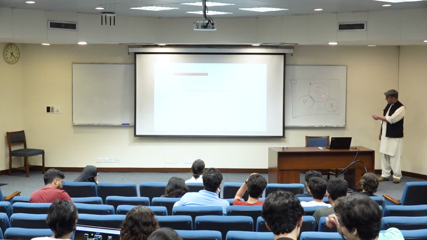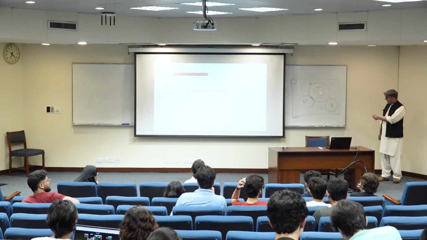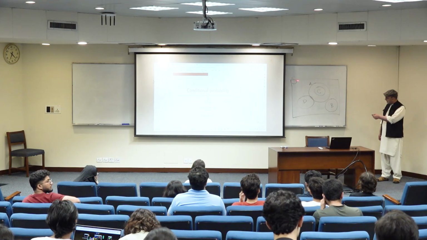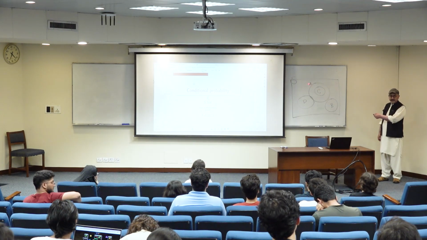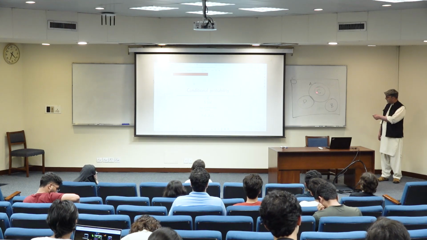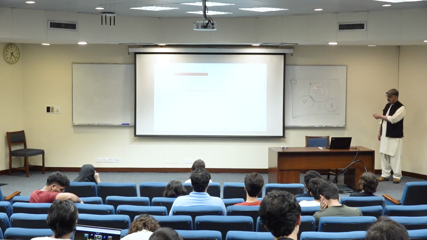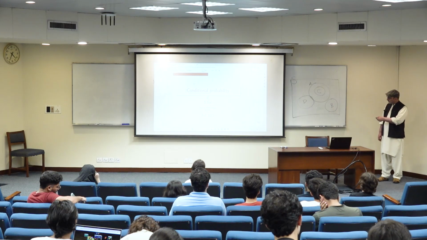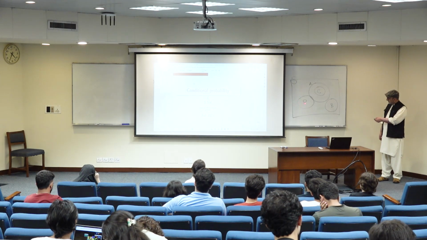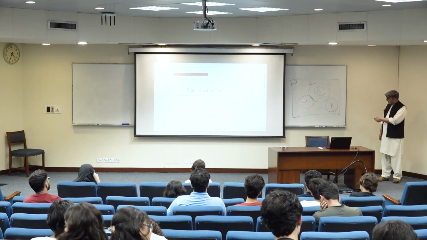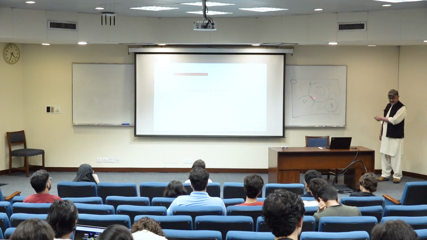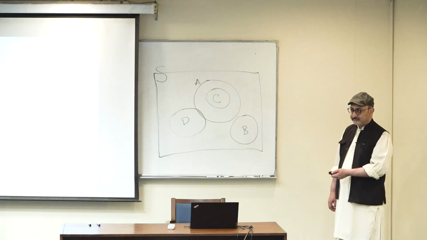There's a subset C, and C is a subset of S, and C is a subset of A. All the outcomes which are in C are also outcomes of A. And there's a set D, and some of the outcomes in D are also in A, and some are not.